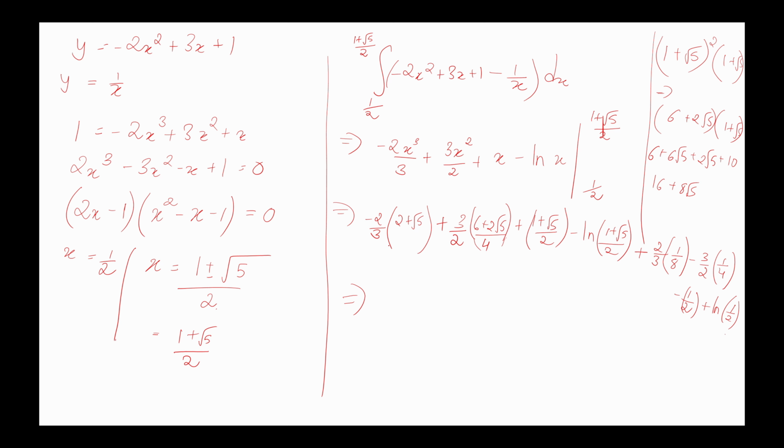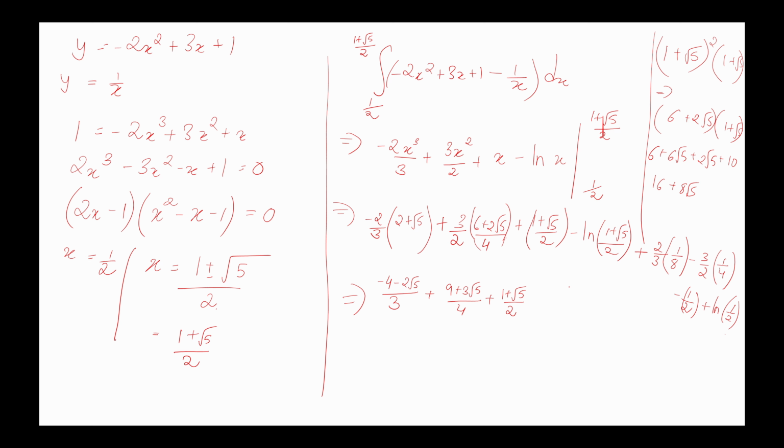Now let's try to open this entire equation. From here what are we going to get? This would be minus 4 minus 2 root 5 by 3 plus, from here I can cancel out 2 by taking 2 common, so I would be left with 3 plus root 5, so this would become 9 plus 3 root 5 upon 4 plus 1 plus root 5 upon 2.